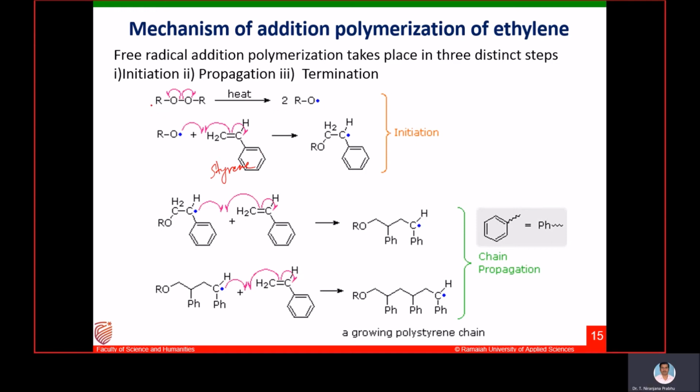So first what is happening is the initiator compounds are forming radicals. Okay, this is the initiator compound which is a highly unstable compound. Upon exposure to heat or radiation, they will break up easily into radicals. This free radical attacks the unsaturated double bond of the carbon-carbon chain.